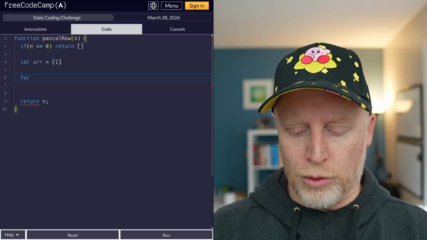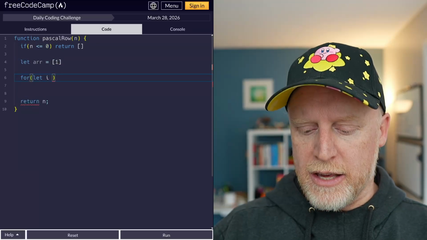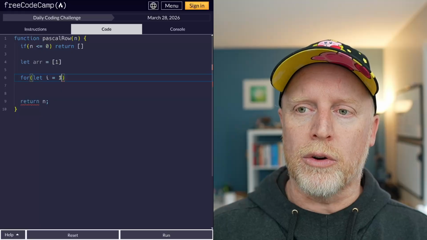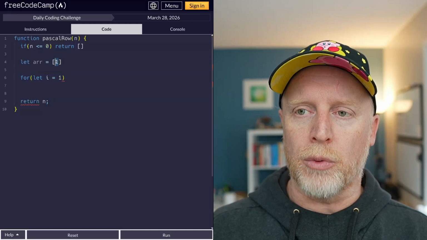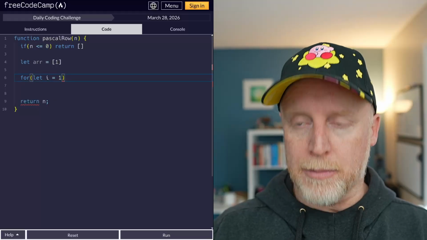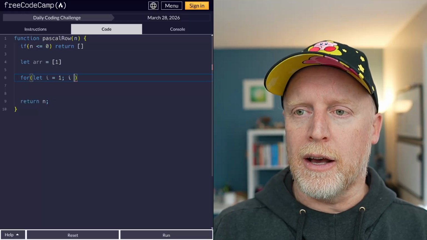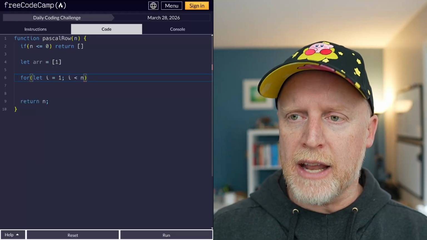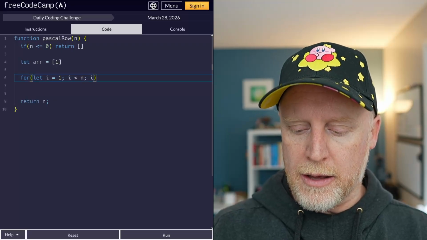Down here, we have a for loop, okay? Let i equal 1, right? We don't need to start at index 0 because we already have it up here. So let's start at index 1 and keep going. So right here, that i is going to be less than n and i plus plus, okay?